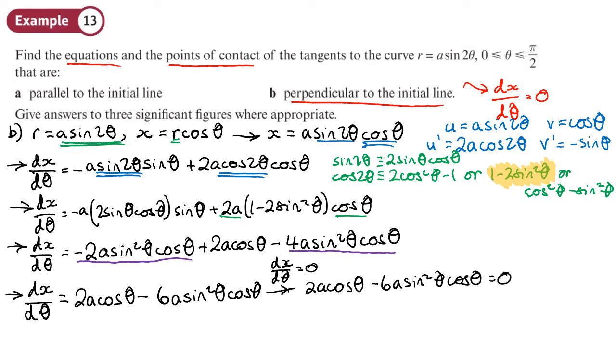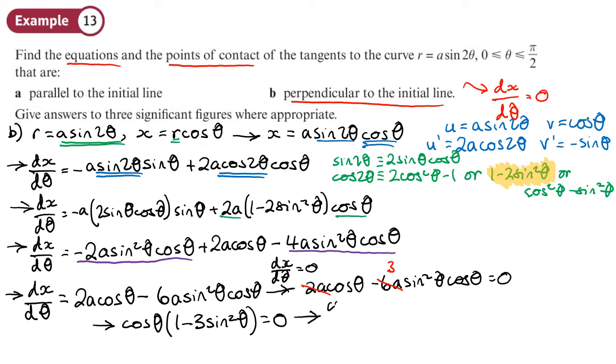We'll divide everything by 2a, so that will just leave 3 there, and we'll factorise it as well, and cos theta will be the common factor, so in brackets I will have 1 minus 3 sine squared theta equals 0. So we'll now solve this.